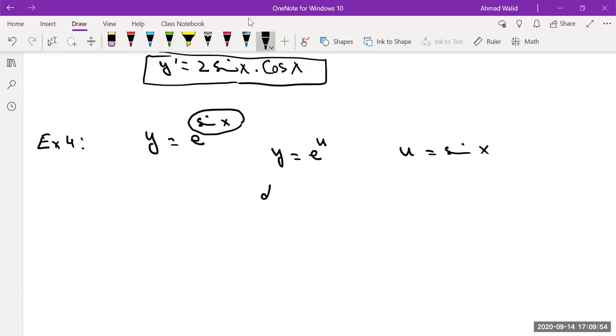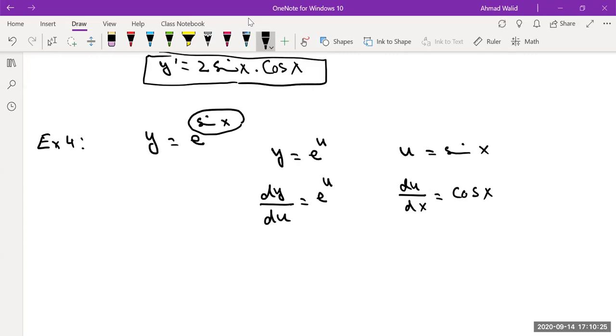Now, dy over du equals, what is the derivative of e to the u? Everyone knows the derivative of e to any power gives you back the same thing, e to the u. Here, what is the derivative of u? du over dx equals, what is the derivative of sine x? The derivative of sine x is cosine x.